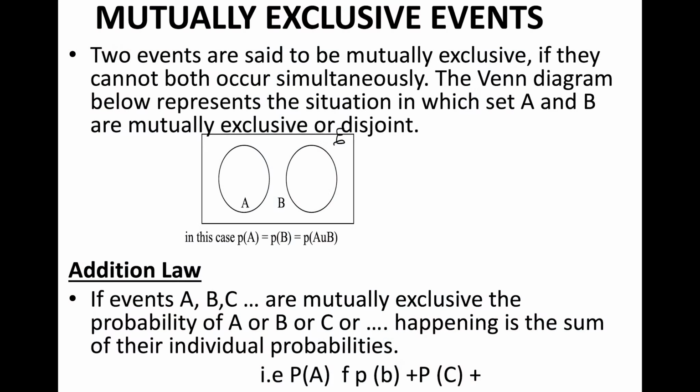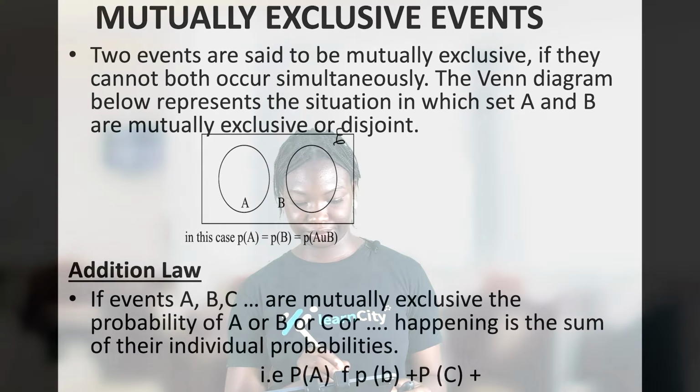Now, 2 events are said to be mutually exclusive if they cannot both occur simultaneously. The Venn diagram below represents the situation in which sets A and B are mutually exclusive, or disjoint.